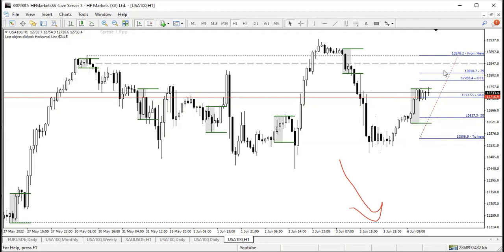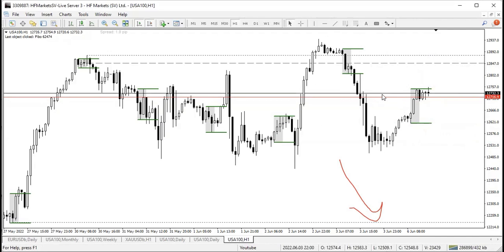Keep my focus right there for now. And that's pretty much all I need for my hourly chart. I have my range. If you're a big order block fan, then you could mark out your order blocks. There are no overpowering imbalances right here to look at, except this week. But we'll leave that for another time.